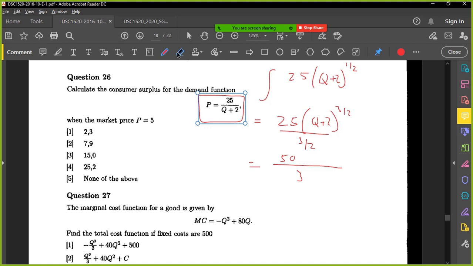It'll be a plus then. This should have been minus Q. So if it's a minus, this is going to be a plus. If I add 1, ooh, this I need to fix. Okay, so I'll have a 1 there, a 1 there, and a 1 over 2 there. Well, we can update it. Okay, so Q plus 2 to the minus 1 over 2 over minus 1 over 2. Okay, if I add 1, I get positive half, divided by 1 over 2. So if I divide by half, I'm going to times, so I'm going to have 50. So 50 square root of Q plus 2.